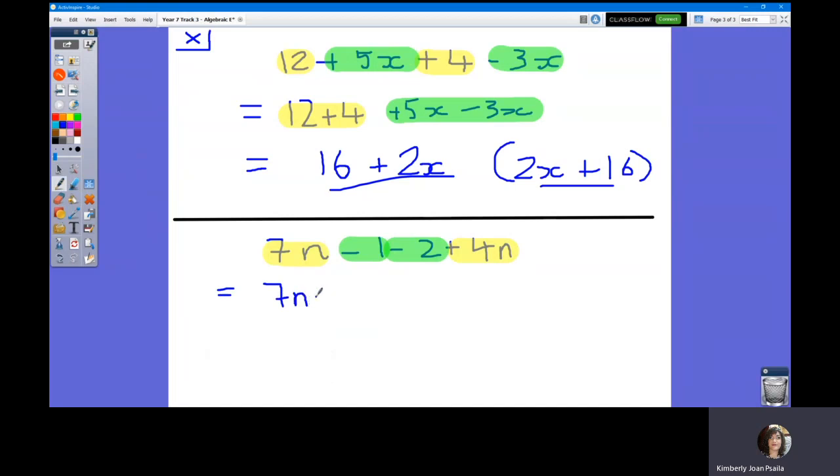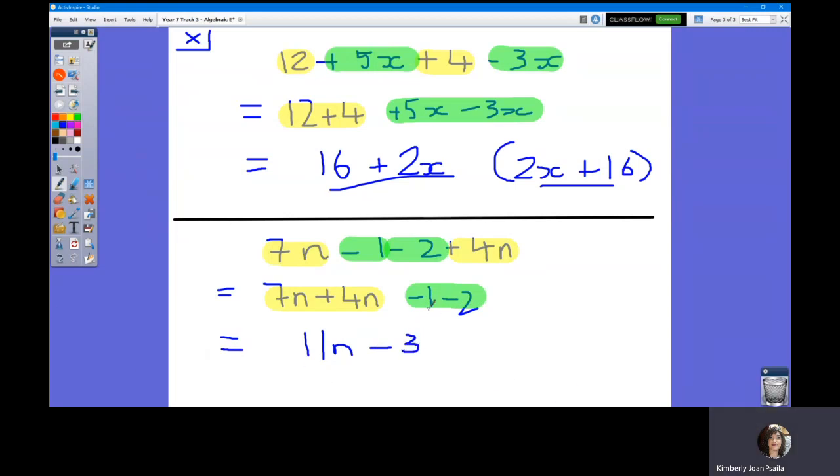So 7n plus 4n minus 1 minus 2. Right? So here you should see I have grouped two groups. Okay? Final answer, we should simplify. 7n plus 4n gives us 11n, and negative 1 minus 2 gives us minus 3.